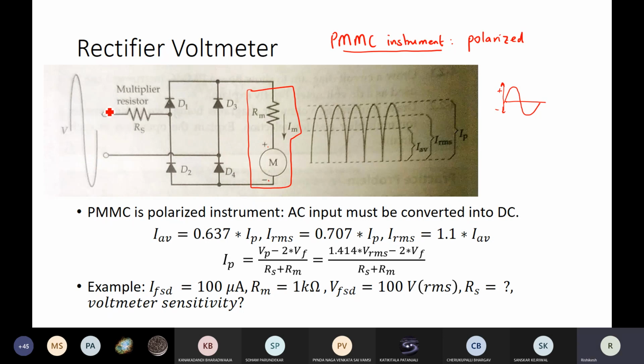When this is positive and this is negative, the current flows through RS, through D1, then through the meter in this direction, and then through D4 to the negative terminal. In the second half cycle, D3 conducts and the direction through the meter remains the same, and D2 conducts, then it goes to the negative terminal.